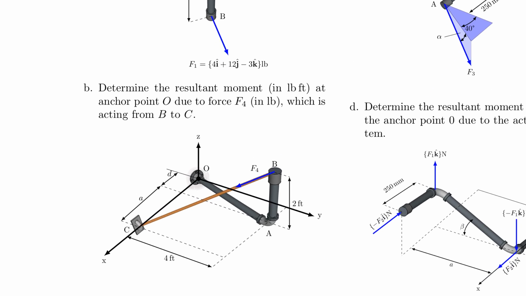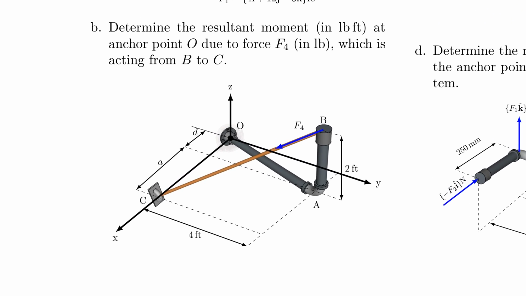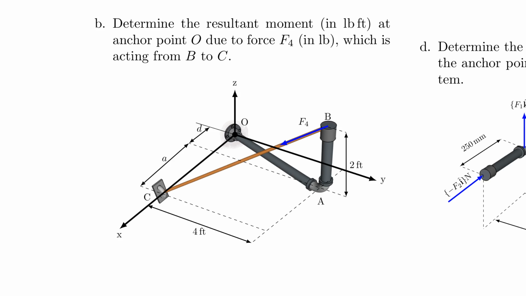Now for problem B, it's kind of the same thing, just that the force is given in a different description here. So F4 is acting at B, and you need to find the moment about point O due to that force. Now you have to break down this F4 force based on the geometry, and we practiced this many times in this class.